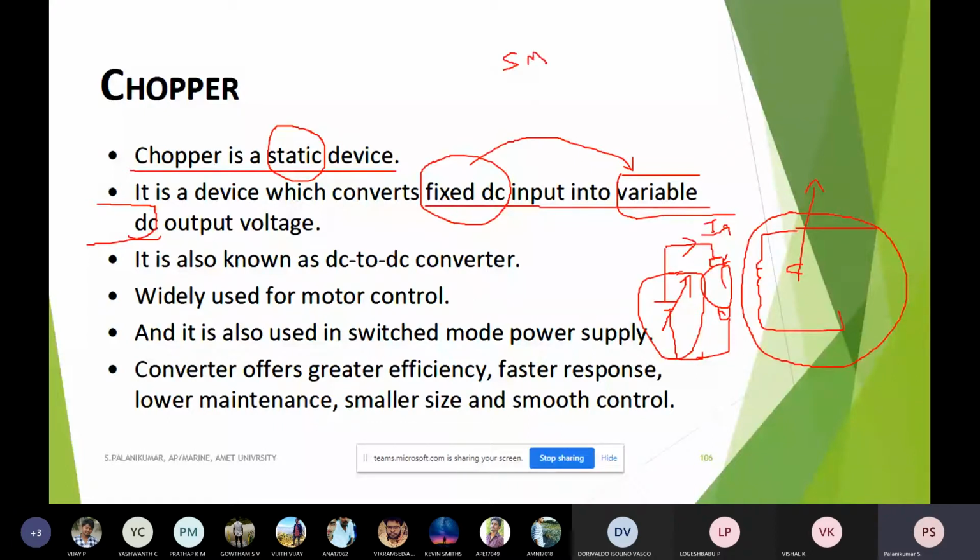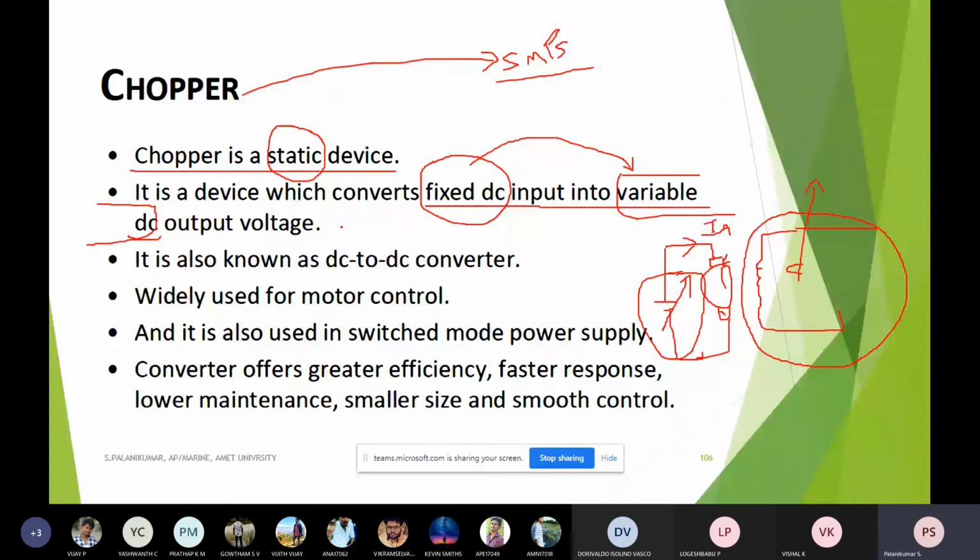In all our household appliances, we have to get a variable DC supply. Unlike AC, we cannot use a transformer, as DC cannot be easily stepped up or stepped down. So we have to go for a specialized circuit, which is the chopper. This chopper is also used in switched mode power supplies.